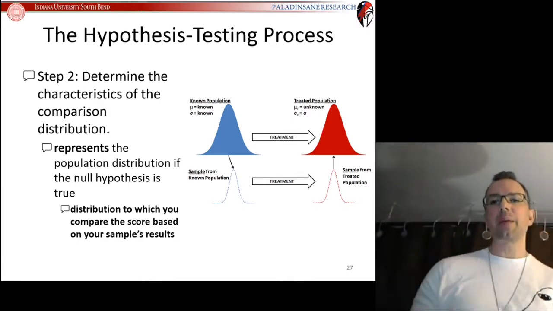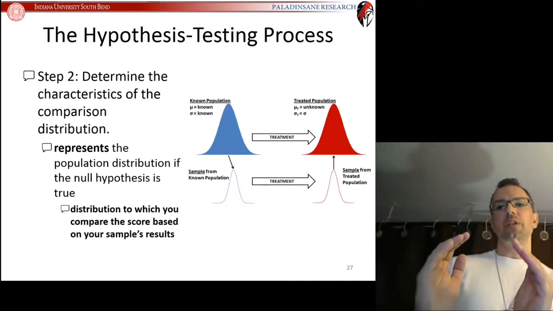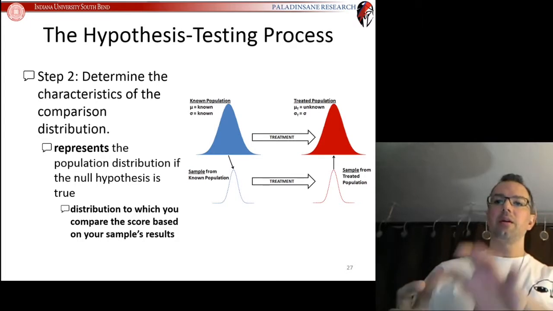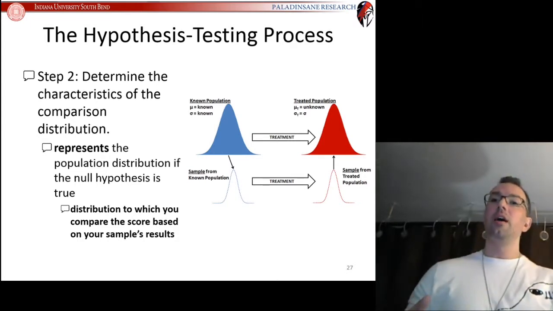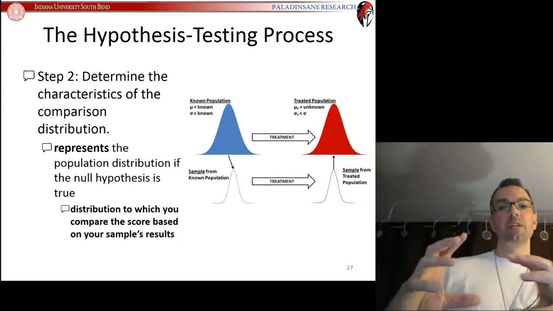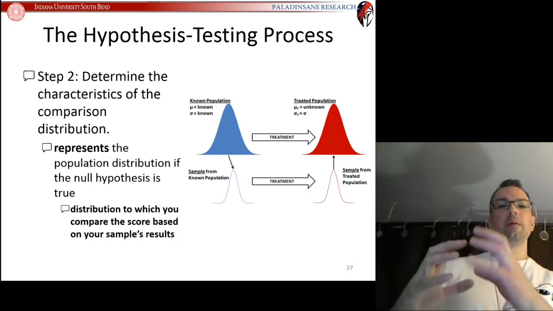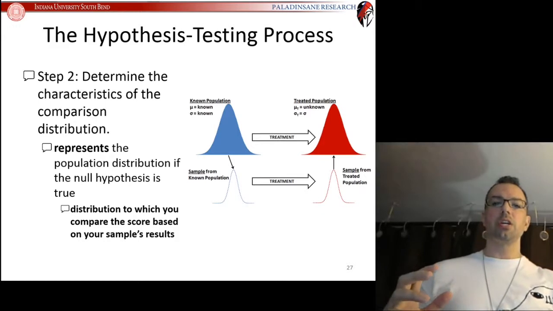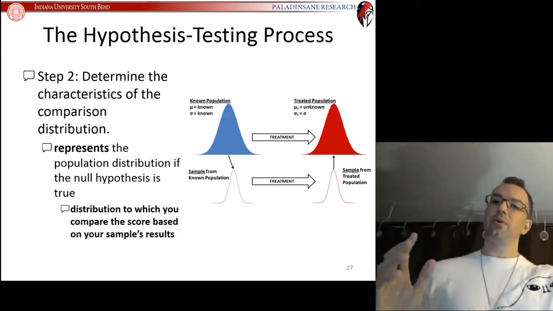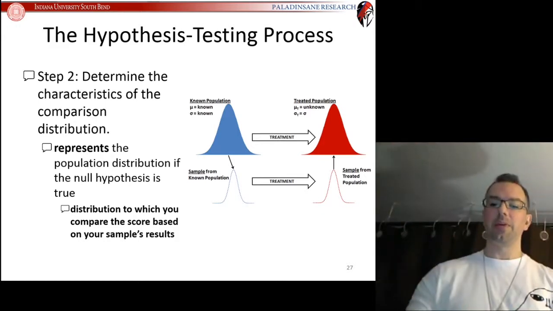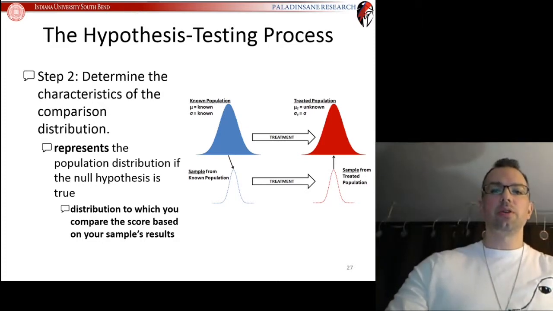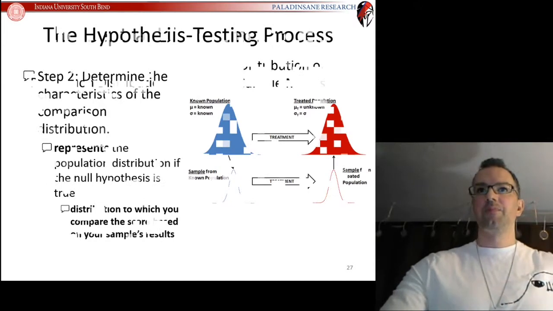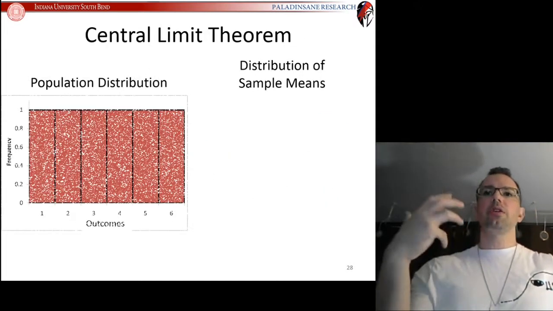You need to be able to take your sample mean and not compare it to a distribution of individuals like a population. You need to compare it to a distribution of sample means, and that's why we introduced the idea of the distribution of sample means last time.